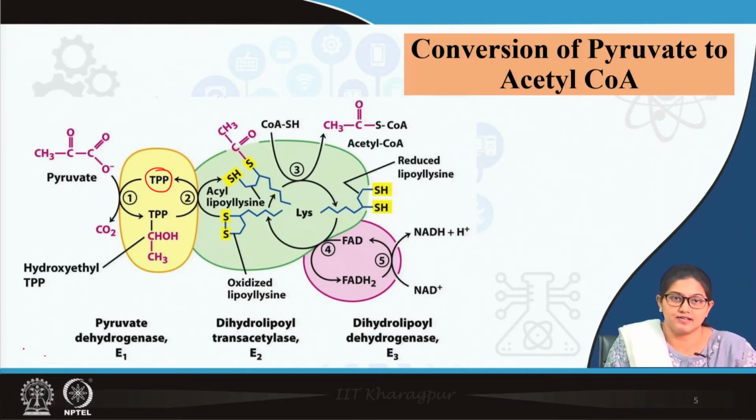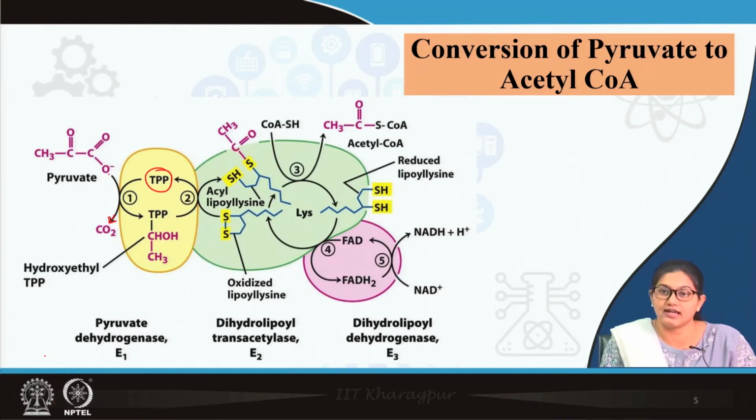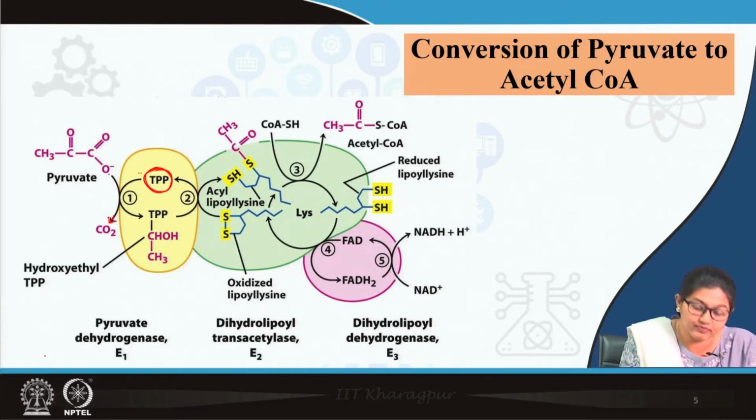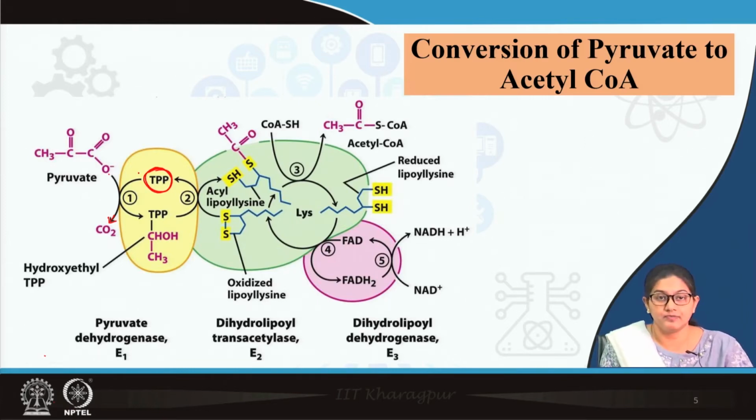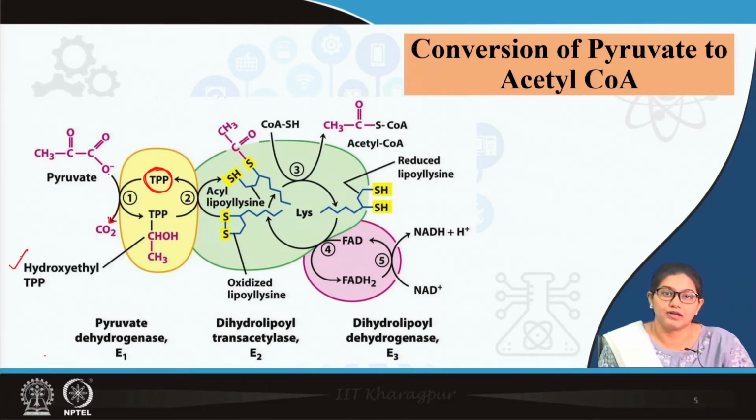Now, in the first step you can see pyruvate is releasing carbon dioxide. So, there is decarboxylation, as well as the acetyl group being attached to the TPP molecule. Now, this TPP, after taking up the acetyl group, is converted to hydroxyethyl TPP.